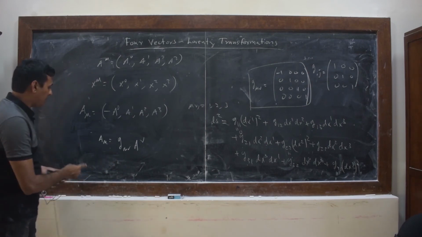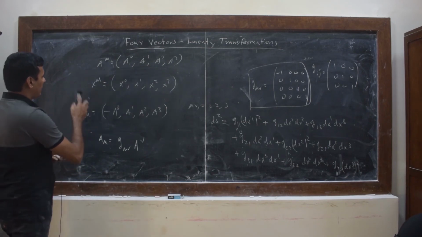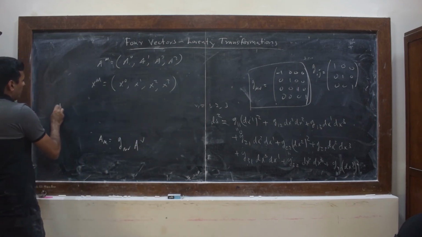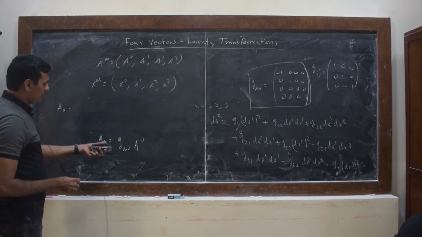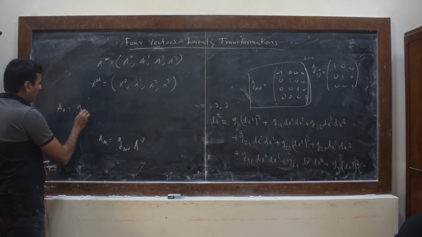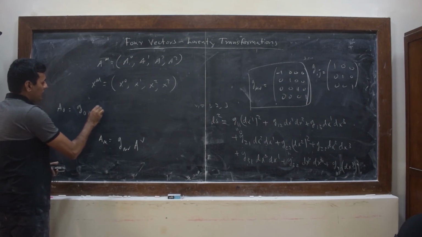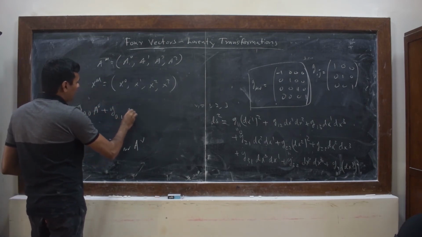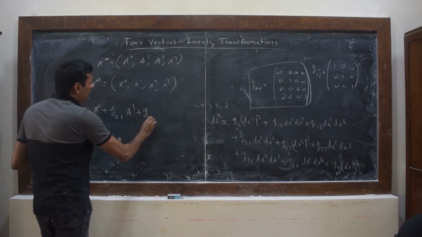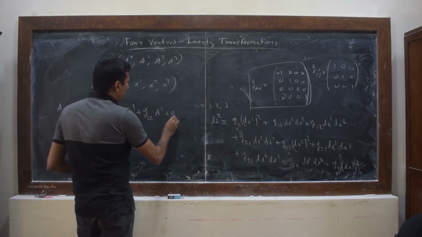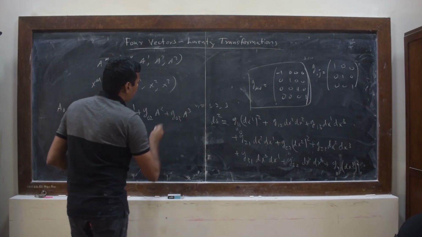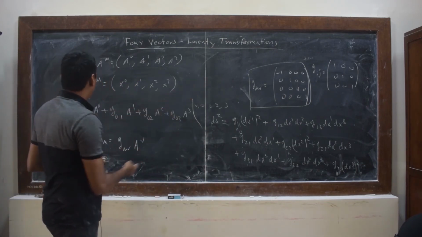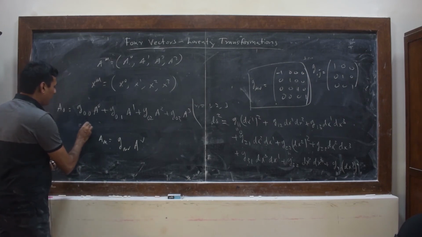For example, let's try to get A_0. A_0 is G00 A0 plus G01 A1 plus G02 A2 plus G03 A3. We already know G00 is -1, so it is minus A0.